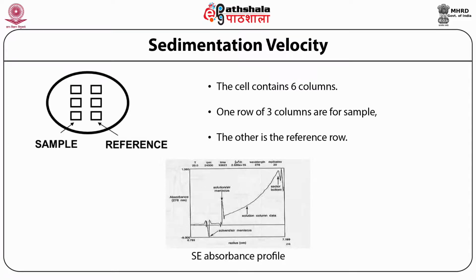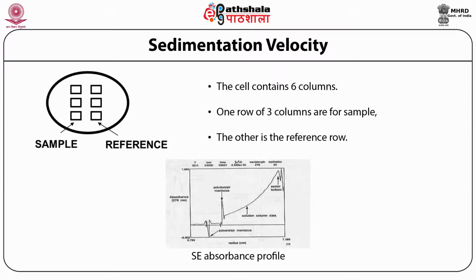Sedimentation equilibrium experiments have a lower rotor speed than sedimentation velocity experiments. Solute particles do not pellet at the bottom of the cell, but instead diffusion opposes the process of sedimentation until, after a period of time, the two opposing forces reach equilibrium and the apparent concentration profile does not change.